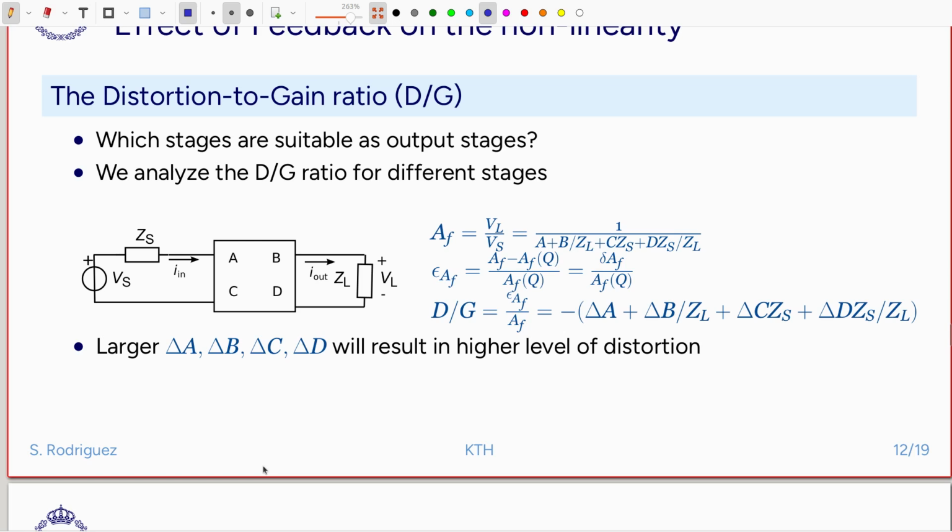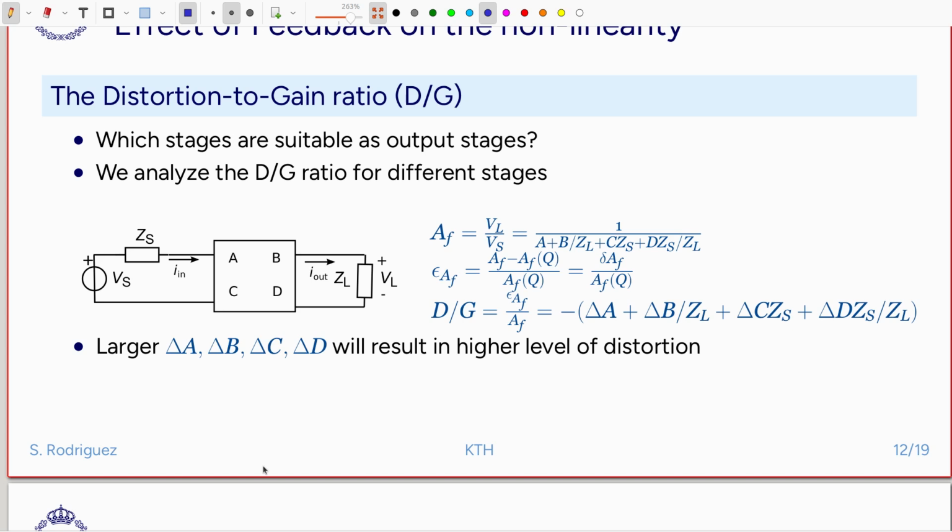Okay, so now that we have found the figure of merit, the differential error divided by the gain that the stage has, the following question comes: which stages are suitable as output stages? We have already postulated that the common source stage is the best because it provides a lot of gain, but now we are going to show it formally.